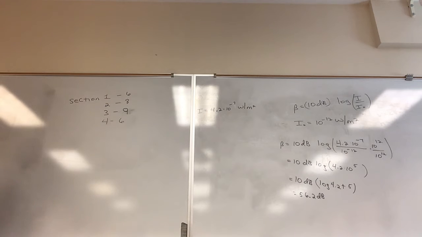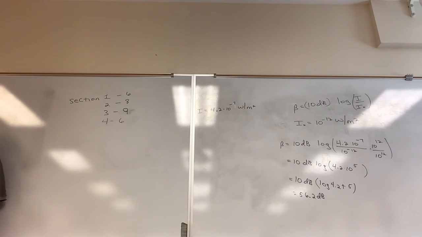So, any questions on that? Okay. So I'm going to erase this, and now we'll do the inverse problem, where I'll give you an intensity in decibels, and we want to find watts per meter squared.